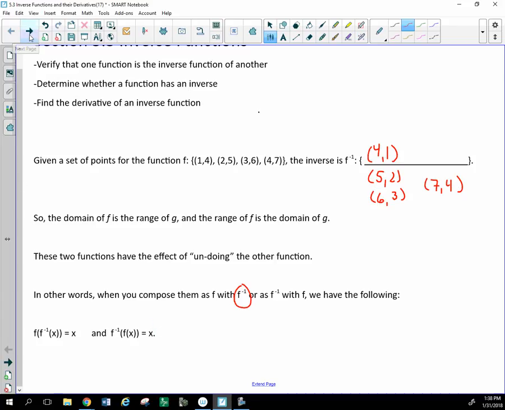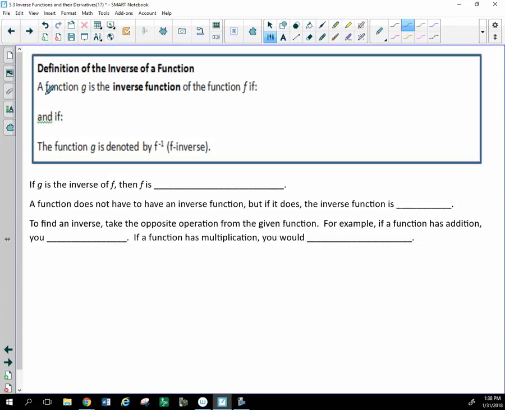And so that leads us to our definition here, that if g is the inverse function of f, then we get f of g of x will equal x, and also g of f of x will also equal x. And so then that's how we will know it's an inverse.